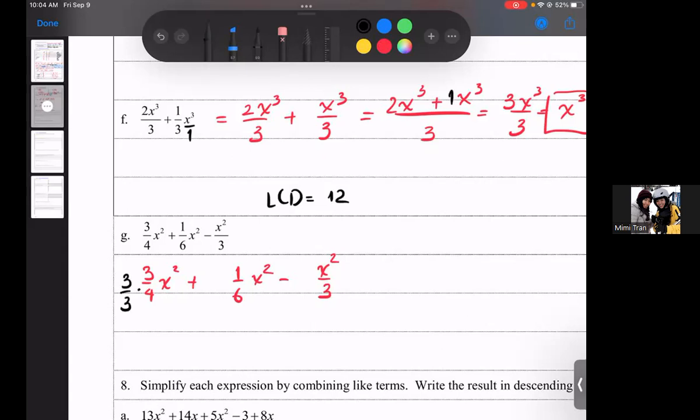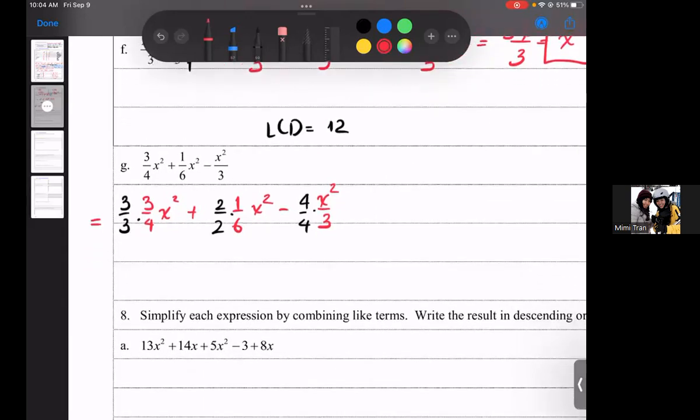The second fraction, yeah, 2 over 2. Don't forget the top. And then 4 over 4. Should we put the equal sign there? Let me bring this up a little bit because it's kind of in the bottom. Now I have a common denominator. All you do is just multiply.